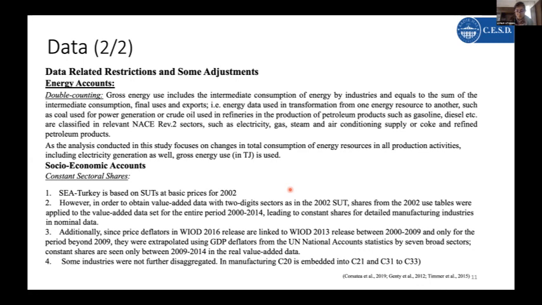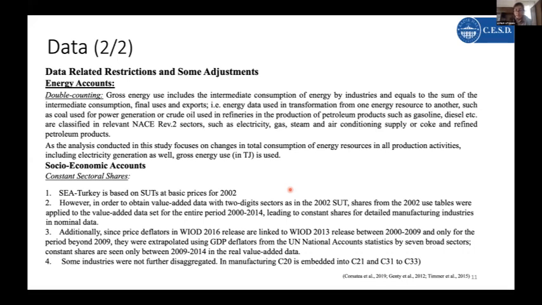Another weakness of this data set comes from the socioeconomic variables included in the same data set. For this illustrative example, it wasn't a major constraint, but if the analyses were carried out for subsectors, like subsectors under the manufacturing industry, there was a problem because the sectoral shares in the manufacturing industry have been kept constant since 2002.